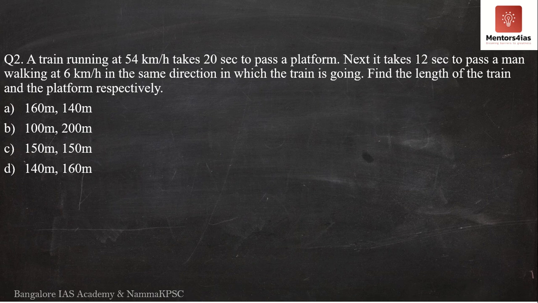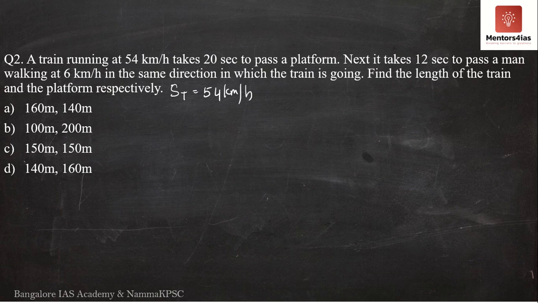The second question says, a train running at 54 kilometers per hour takes 20 seconds to pass a platform. So the speed of the train is 54 kilometers per hour.